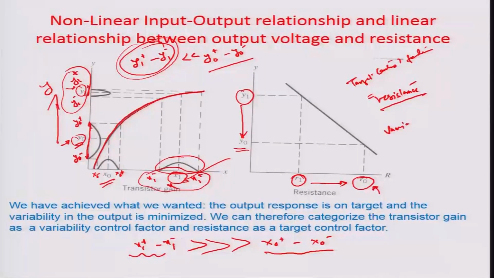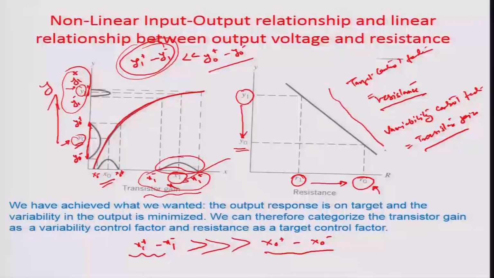You are seeing that for a larger amount of gain, you are getting a smaller output range of the voltage. So, the variability control factor is the transistor gain. This is a very appropriate example to understand what is meant by target control factor and variability control factor as far as engineering systems design is concerned.